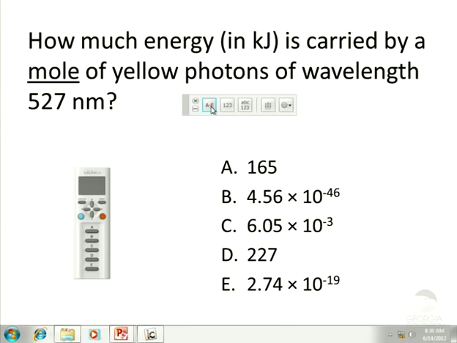Does anybody have a feeling for how big a joule is? If you went to the store and bought your average chocolate bar, not some dinky thing, but your average big Milky Way chocolate bar, and you held it in your hand and raised it by a meter, that takes some energy.